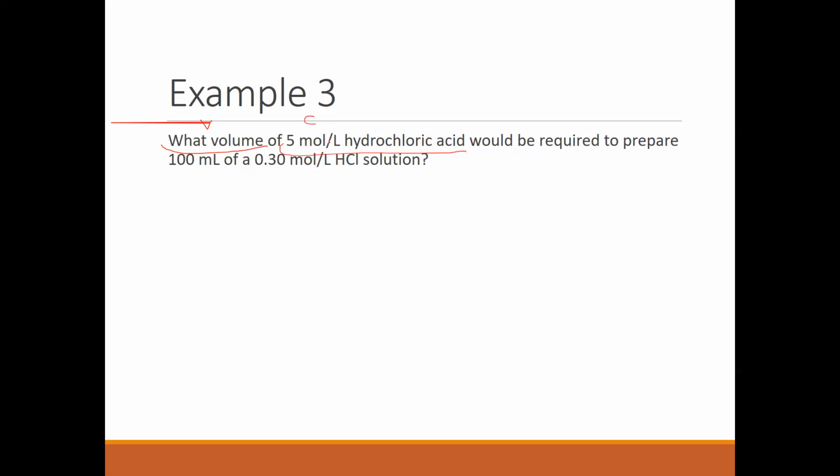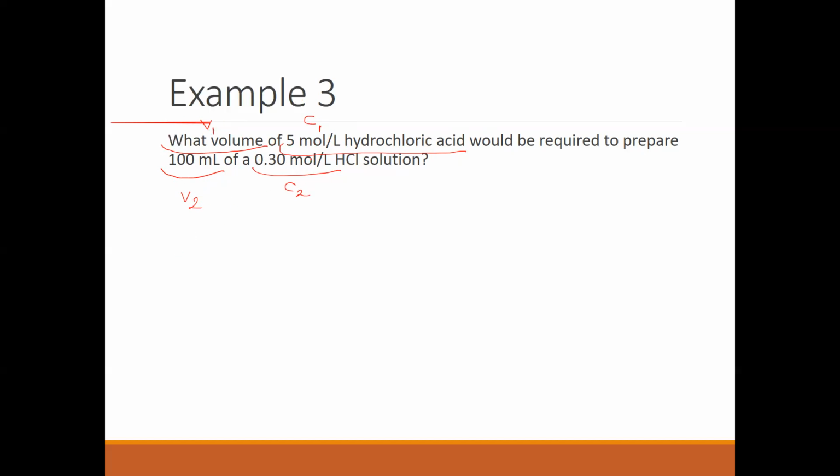We have 5 mole per liter acid, but here we have 0.3 mole per liter acid, so definitely we are doing dilution. This is the concentration of the diluted acid, so I name it C2, and its volume is V2. I have my C1, the concentration of the concentrated acid, and they are asking for V1.